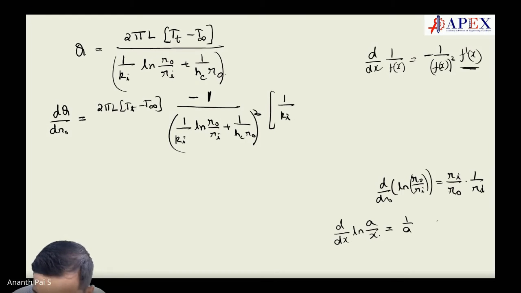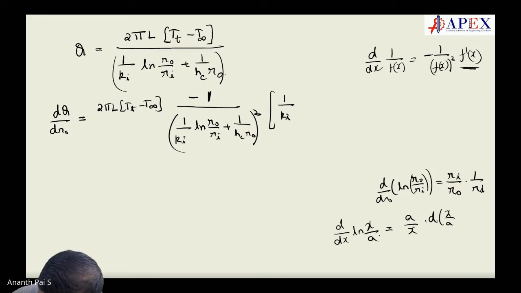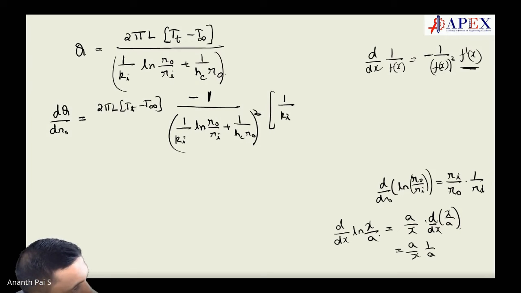So x by a would be a by x into differentiation of x by a, d by dx of x by a, which will give us a by x into 1 by a. Make sense? Chain rule.